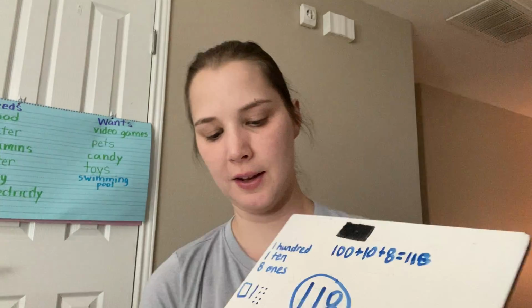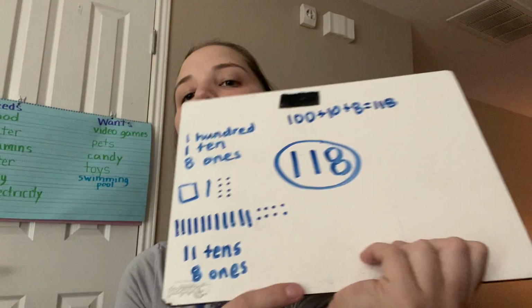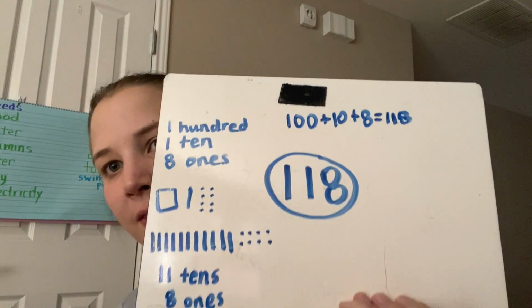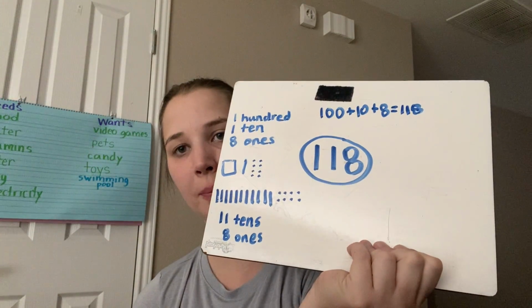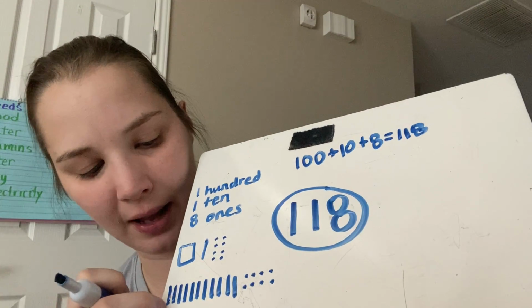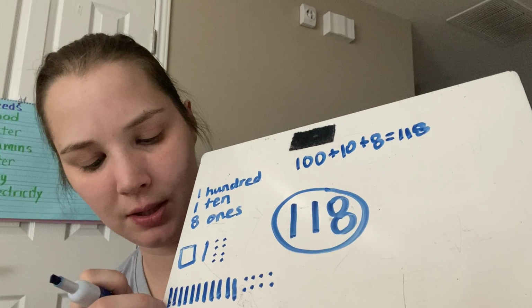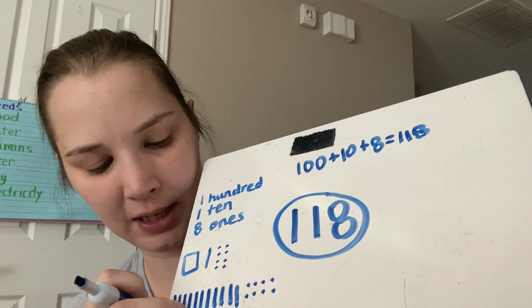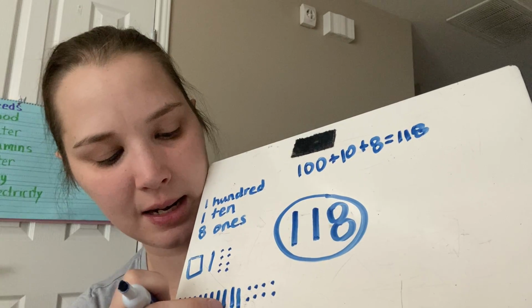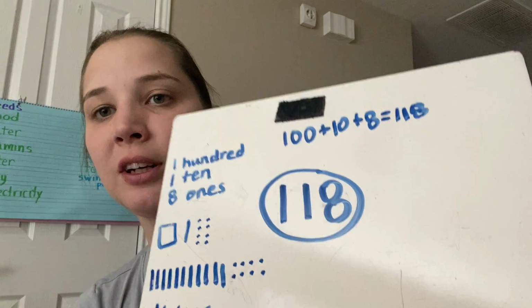Okay, so then if we did that down here for this one, where we had 11 tens, now what are 11 tens? We have to count by 10 11 times, okay? So let's just count these by tens. Ready? 10, 20, 30, 40, 50, 60, 70, 80, 90, 100, 110.